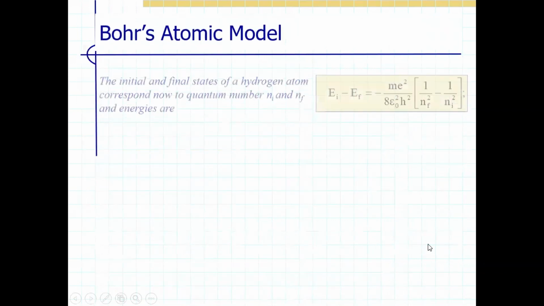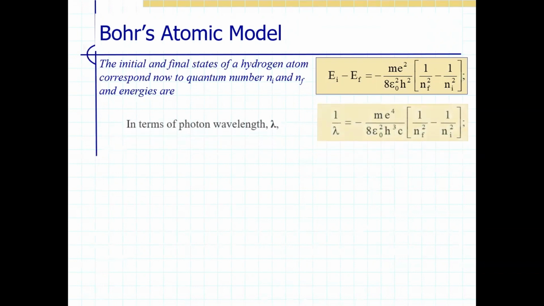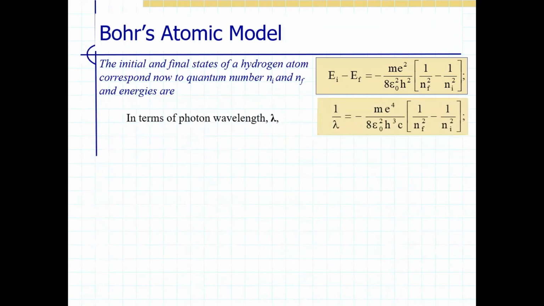We move further in this. When we substitute the energies, we get the initial and final states of the hydrogen atom and the corresponding quantum numbers, n initial and n final, and the energies are given in the form of an energy difference.